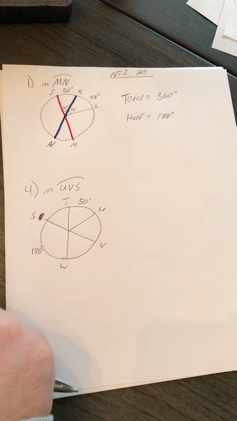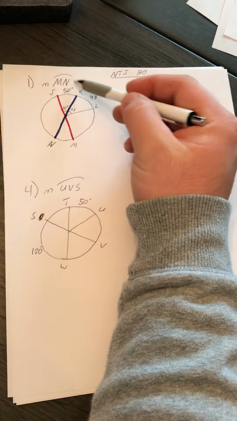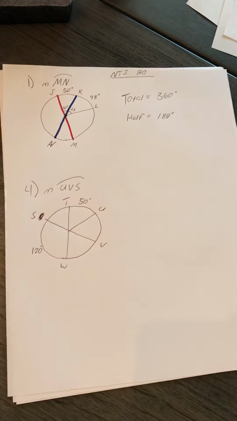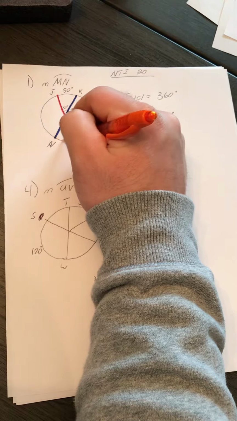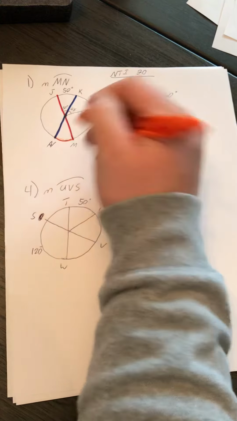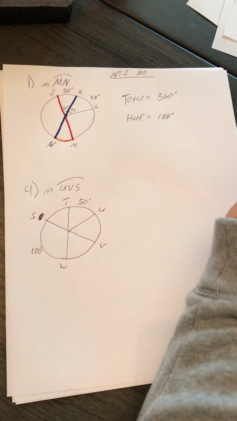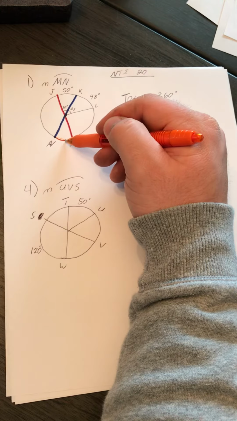Let's see. This one asks for the measure of the arc length MN. So it's looking for this right here. Okay, what bit of information do we have? I don't know this angle, and I need it to figure out this arc length.